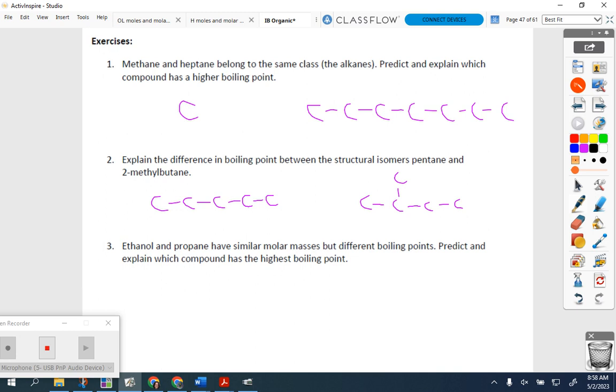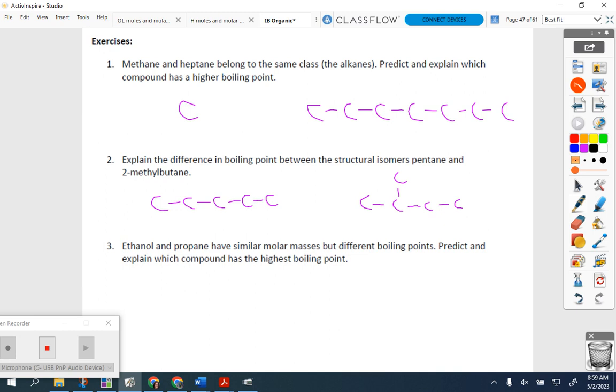Why does the straight chain have a higher boiling point? Jacob. Right, so if we have temporary dipoles here, it's going to be over a smaller spatial span, and so it's less likely that we're going to have electrons trapped on one end, and if that temporary dipole happens, it's going to be less unevenly distributed across the whole of the molecule.